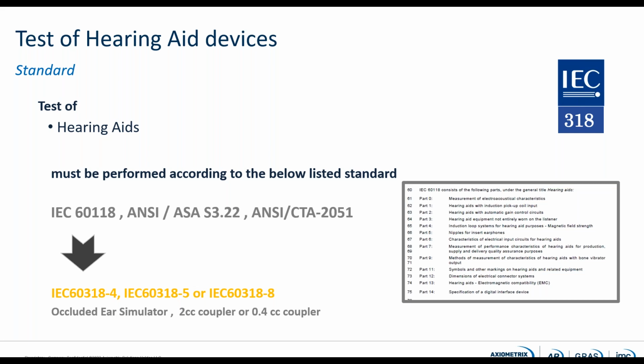This is the standard for a 2cc coupler. And the very, very new standard, less than 2 months old, is the IEC 60318-8. This is the standard for a 0.4 cubic centimeter coupler. We will come back to all these simulators and couplers a little bit later.